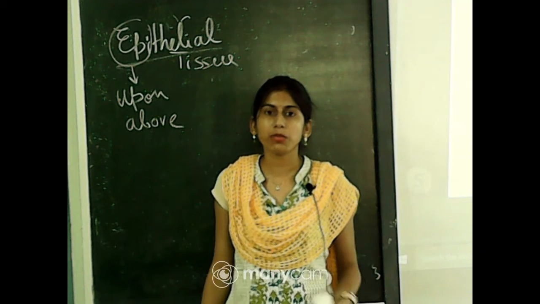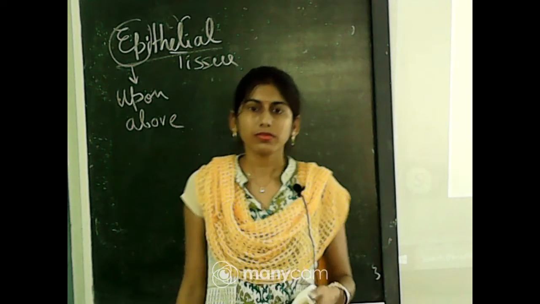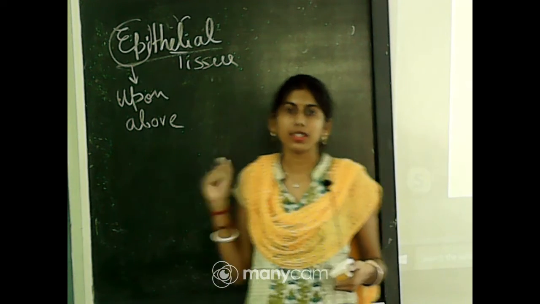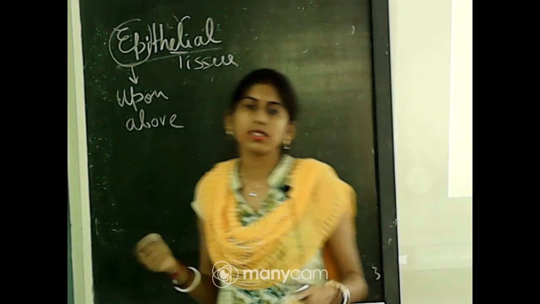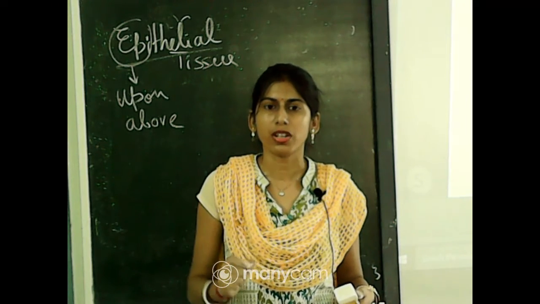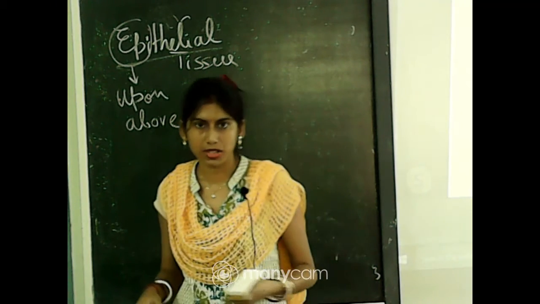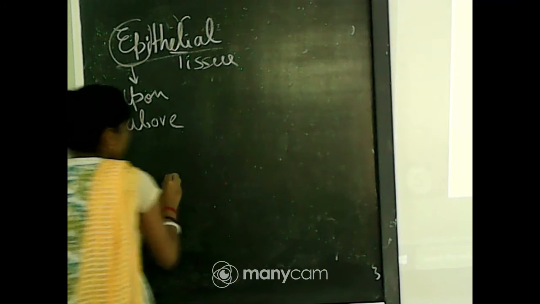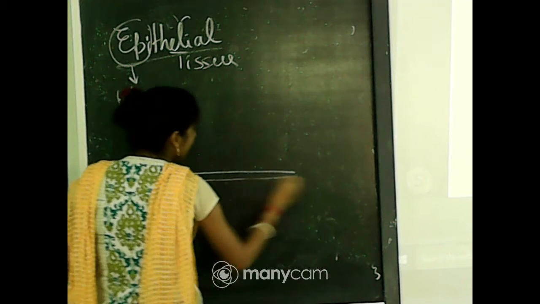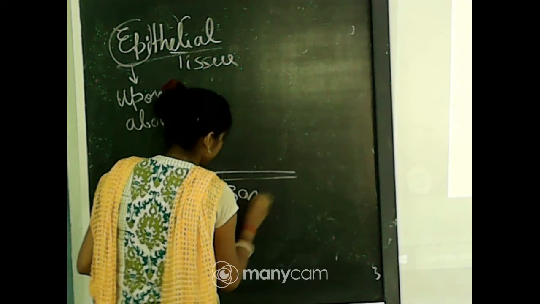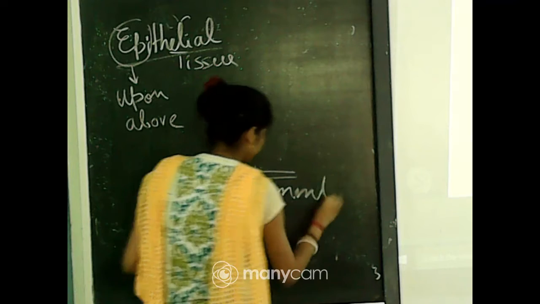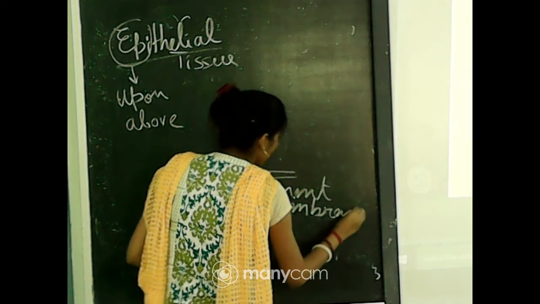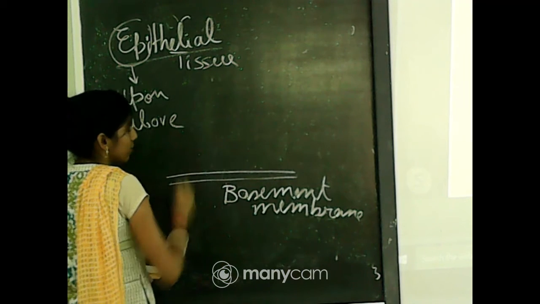In this type of tissue, usually there is no intercellular space, or if there is, it is very small. They develop on a non-cellular layer called the basement membrane, on which the cells of epithelial tissue are developed.